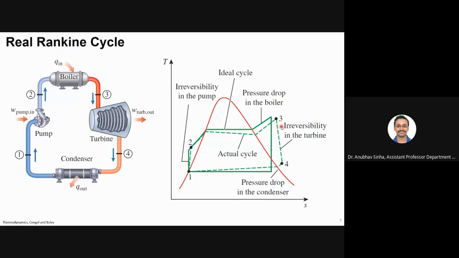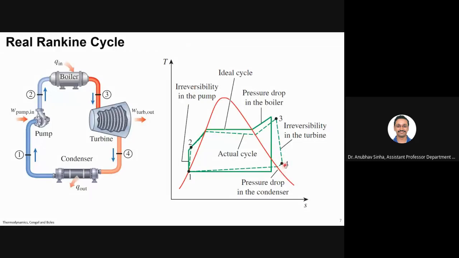Now from 3, the expansion again will not be isentropic, but there is some irreversibility which increases your entropy. So it should have come down like this, but it is going in a direction which increases entropy at 4. Now, we wanted this to come back to here, but since point 4 is superheated steam, we are losing some amount of heat here.